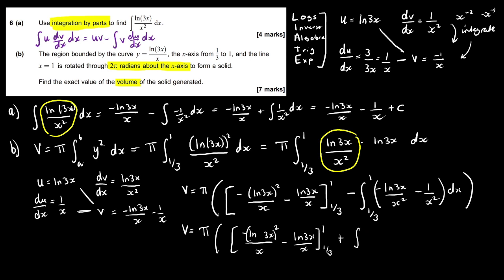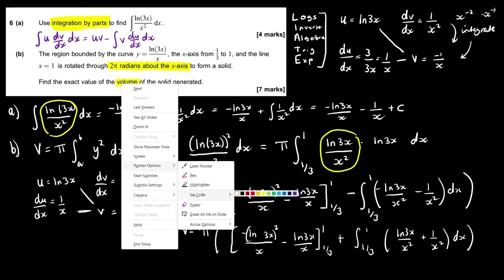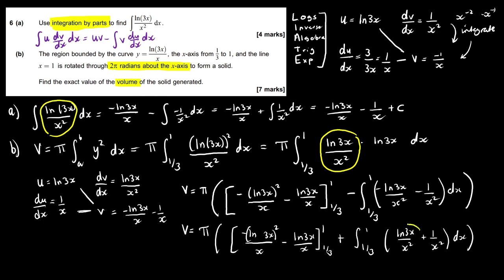So that's going to be plus the integral from a third to 1 of log 3x over x squared plus 1 over x squared dx. Now what should strike you again is that this thing is the same thing that's circled above and before. That's another integral that we are given, right? So we can do that because we've just realised how to integrate it. And then the 1 over x squared part is relatively easy to integrate.